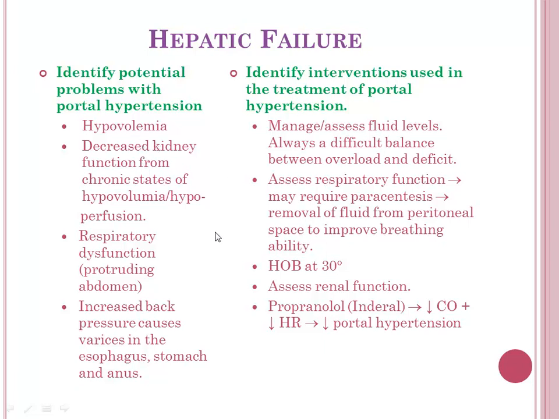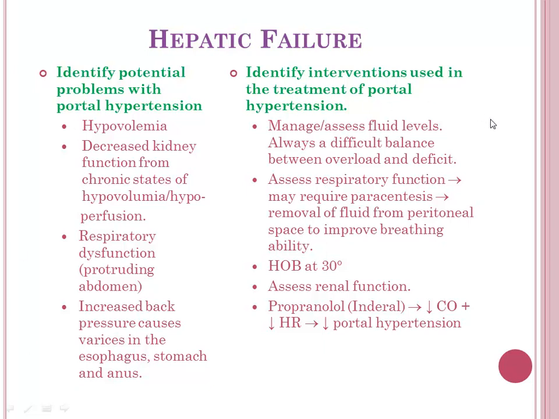Then respiratory dysfunction because of that protruding abdomen, and of course the back pressure. The portal hypertension will cause that back pressure or congestion in the venous system, and that causes varices. It is very important that portal hypertension leads to varices in the esophagus, stomach, and anus.